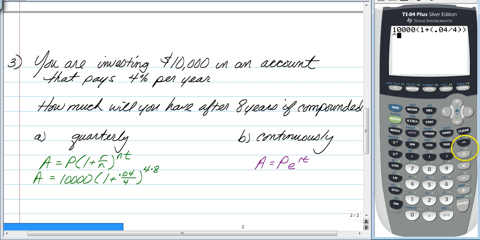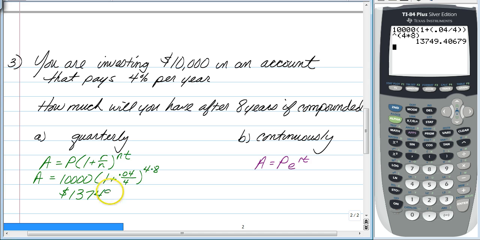Now we're going to raise that to the quantity of 4 times 8. Close your parentheses, click enter, and it looks like at the end of 8 years you are going to have $13,749.41. Not bad.